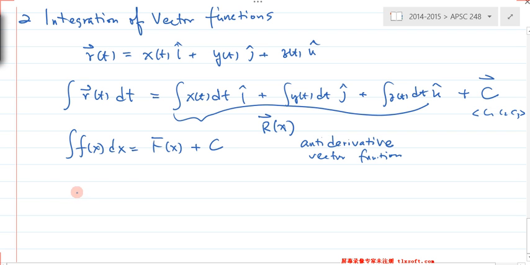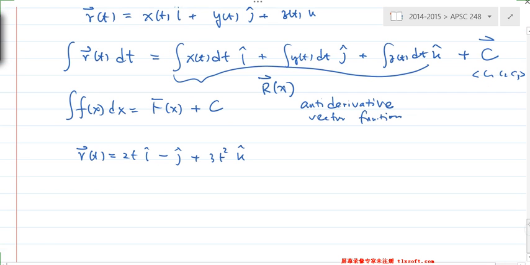Okay. So you can try a very quick example. Here is my vector function. What will be the integral of this one here? Be aware of that pitfall. Very simple. All you need to do is carry out the integral for each one of the components.